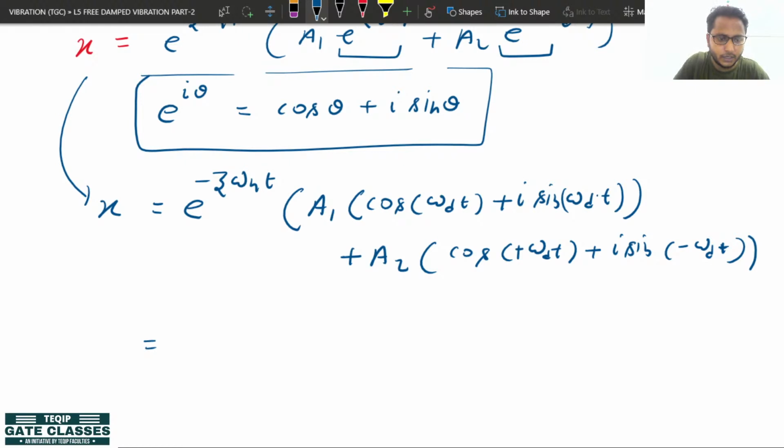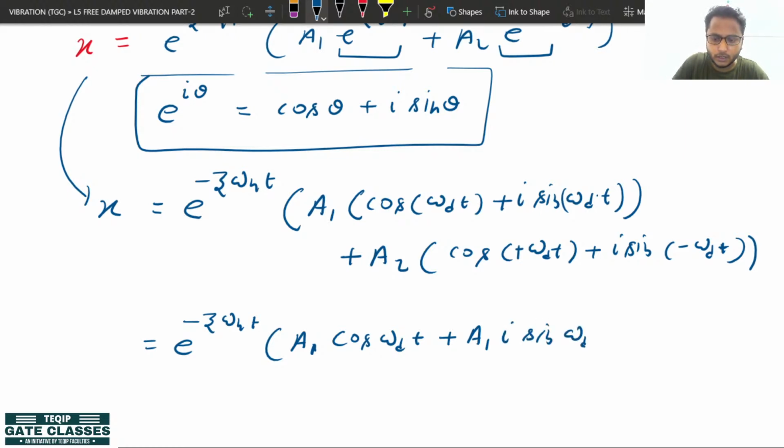So we are going to write it again: exponential to the power minus zeta omega n into t, and then a1 cos omega d into t plus a1 i sin omega d into t, right?